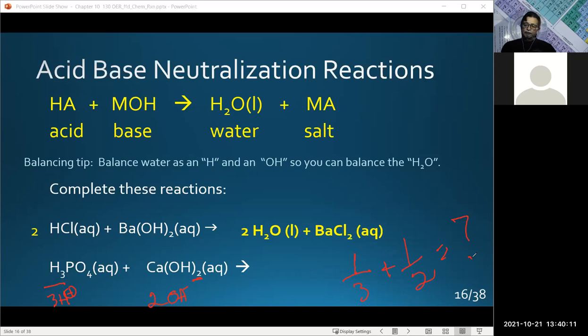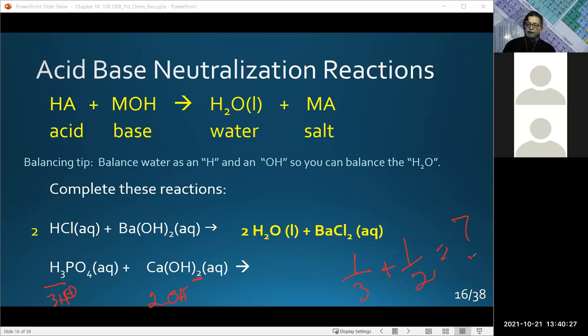What was I looking for? When I add 1/3 plus 1/2, what do I look for? The common denominator. Exactly. So in that 1/3 plus 1/2, my common denominator is 6, right? Everybody agree on that? Right?